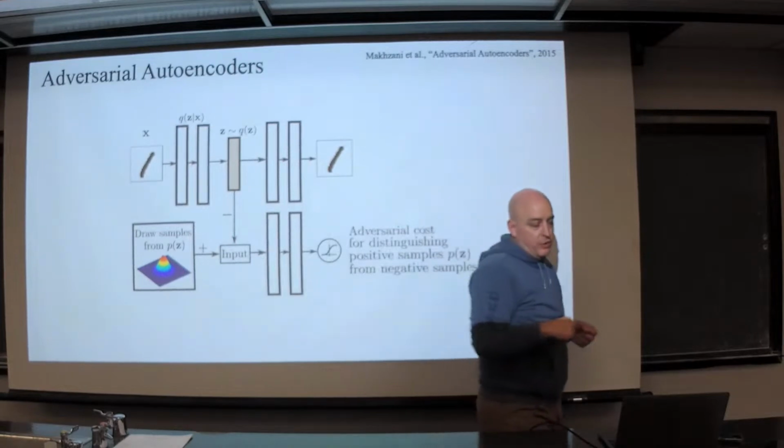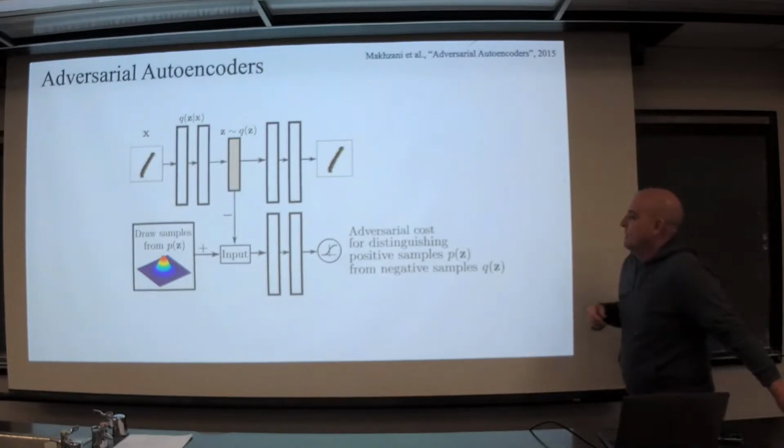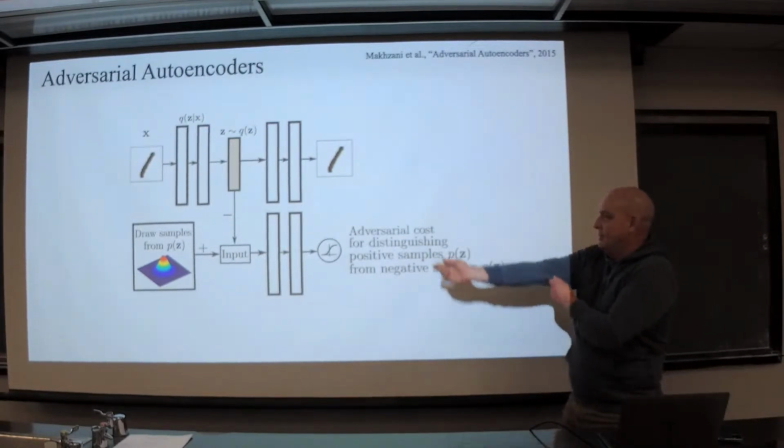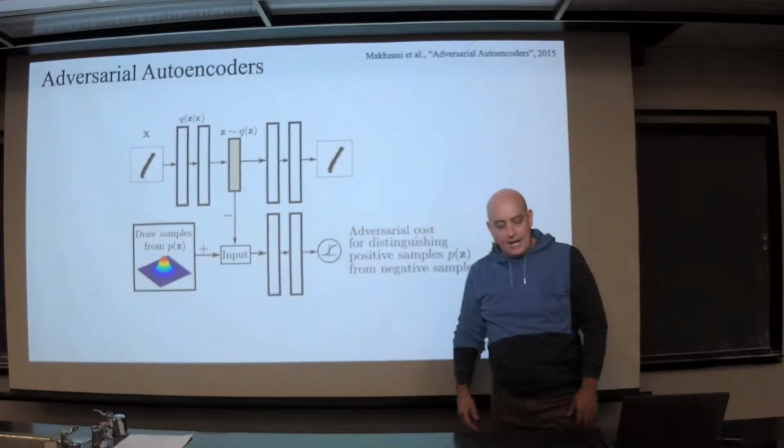So if we want these things to match, say, a standard normal again, we can force that with a GAN construction.